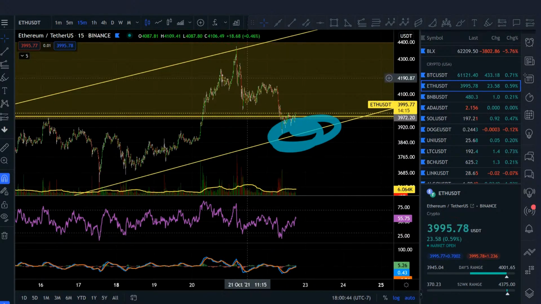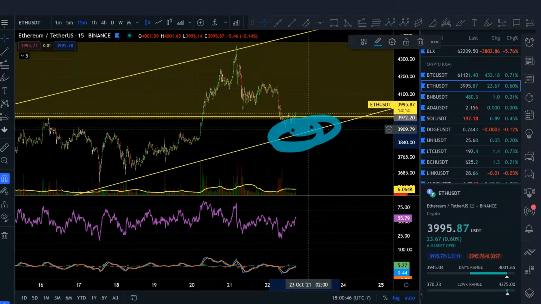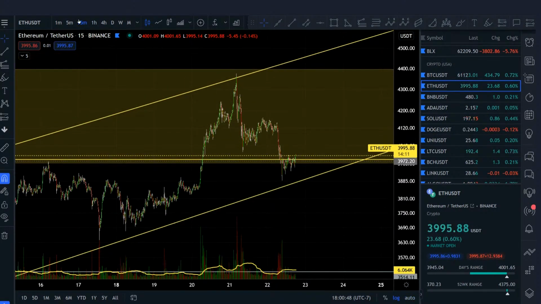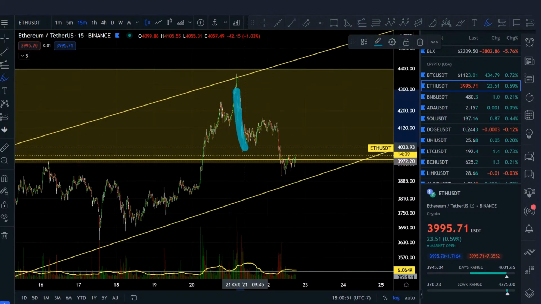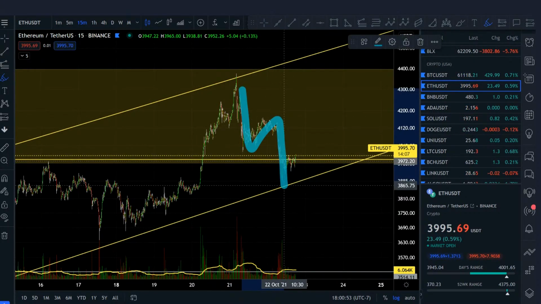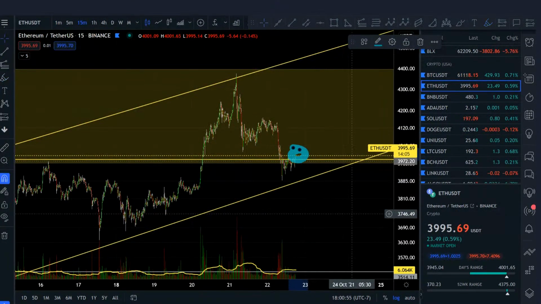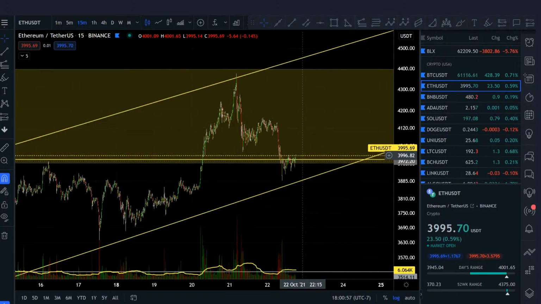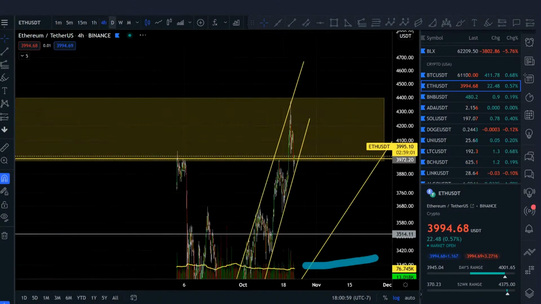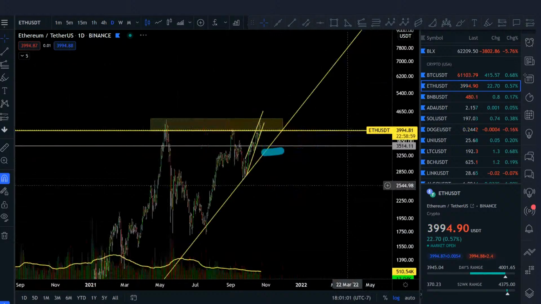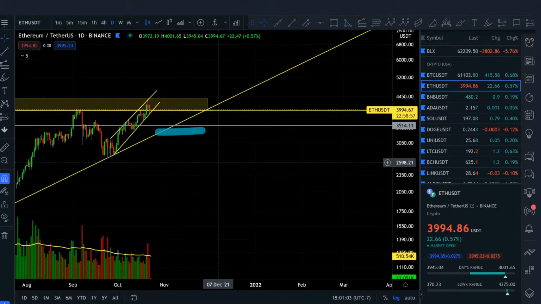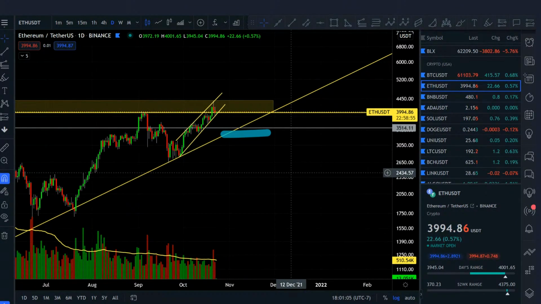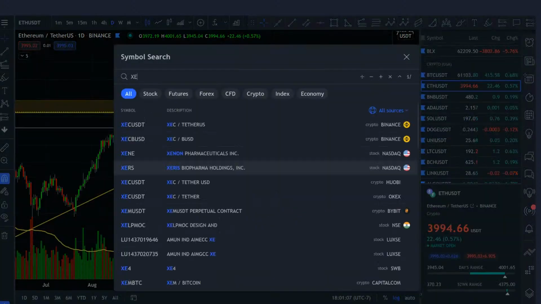So again, it's oversold right just above this intermediate trend line and the downtrend, like that. So we did hit our lower low. It's scouting the lower high right now on Ethereum. But for me, because I'm much more of a swing trader, I'm looking at this one down here, 3,300 for long. Okay, XEC USDT.